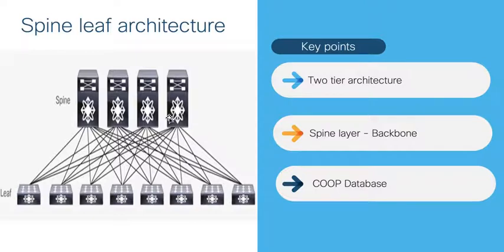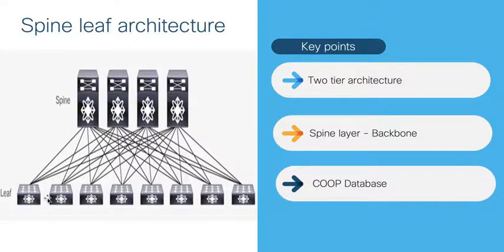Okay, now two tier means the lower tier switch which I am pointing out is called the leaf layer, and the top tier switch is called the spine layer.